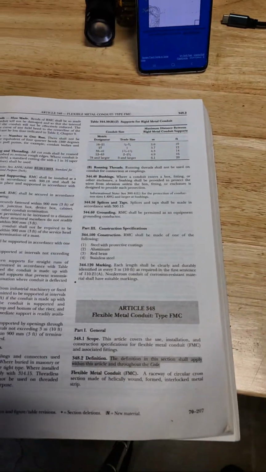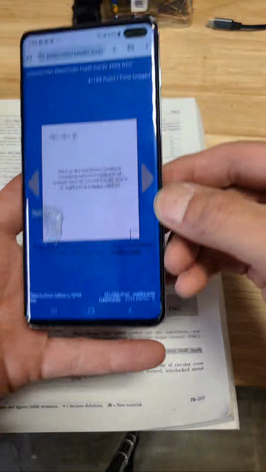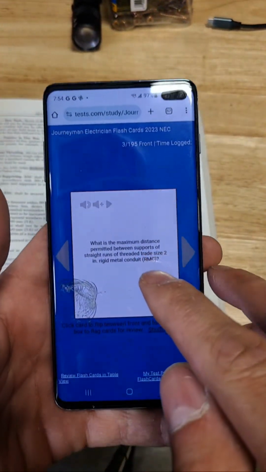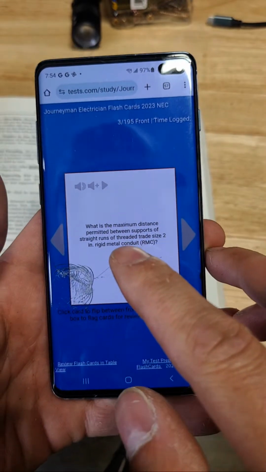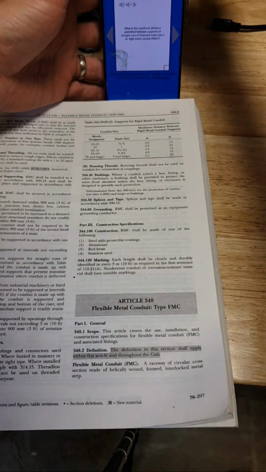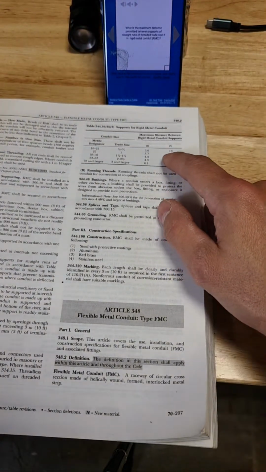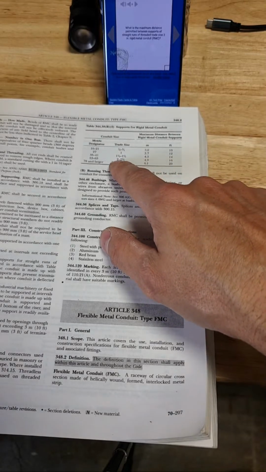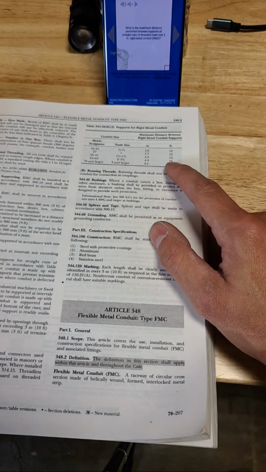What the chart says is, this is size 2-inch rigid conduit. What's the maximum distance between supports of straight runs? And then this is the supports here. And this is the size. And it looks like we can go 16 feet.